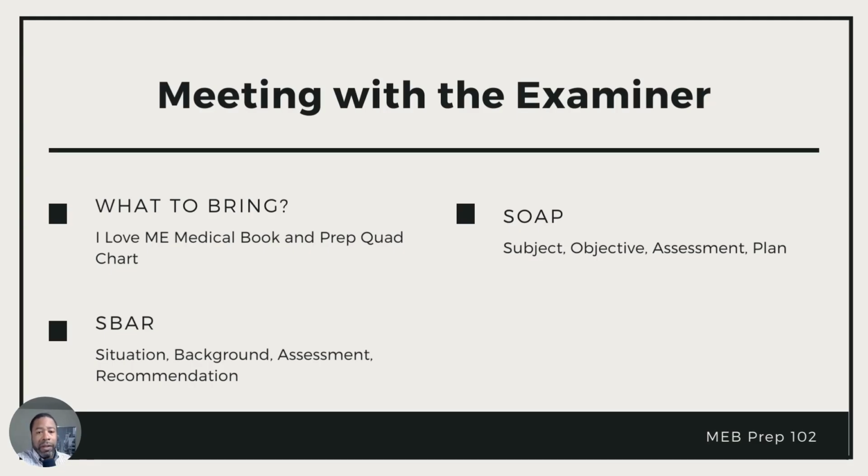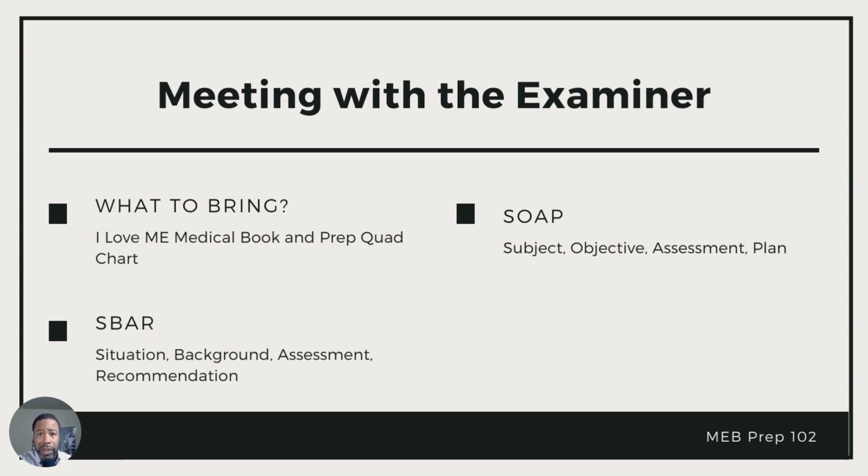Now, how do I communicate the situations to the examiner? As a nurse, we use what we call SBAR: Situation, Background, Assessment, Recommendation. I know that may be a little bit too much. However, here's how you could probably walk through it. Basically, you understand the situation already.